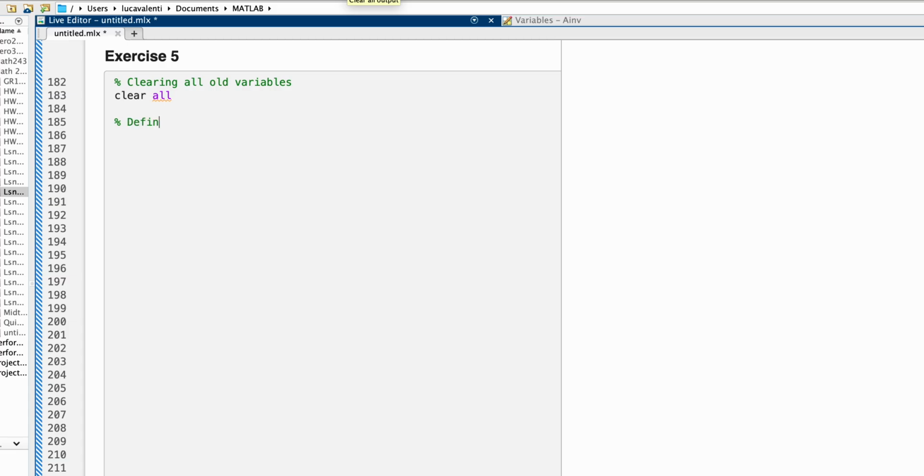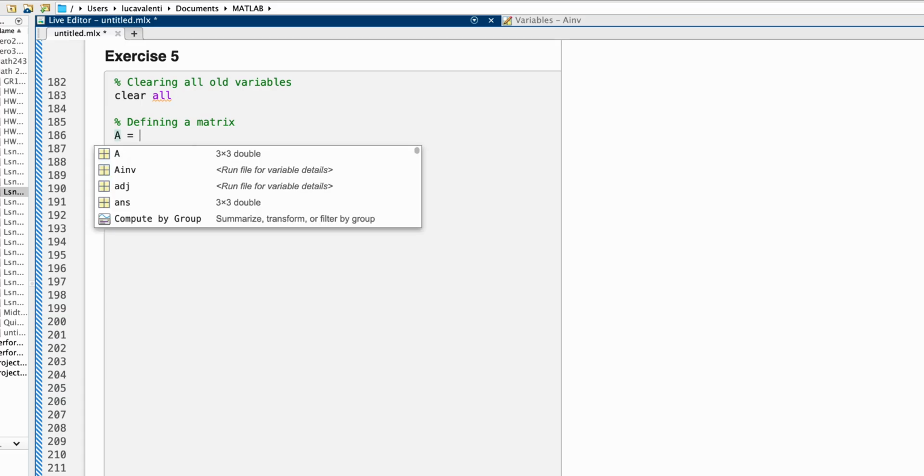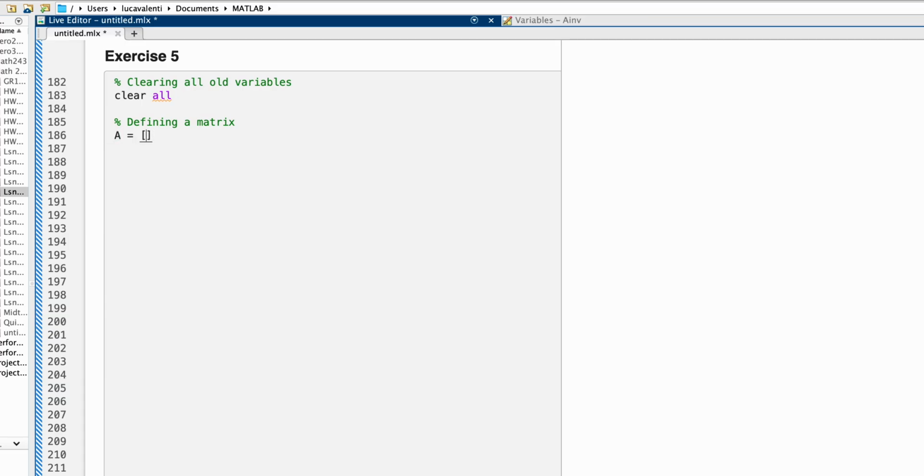Then we're going to define a matrix and assign it some name. I named it A, and then we put 1, -2, 2, semicolon after the first row, then 2, 1, -2, which is the second row. The third row is going to be 2, 2, and 1. Then we put a semicolon because I don't want the output to show.